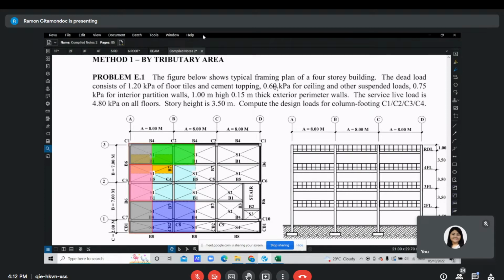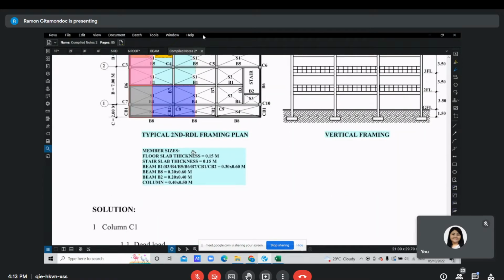So you just multiply this value of 0.6 kPa by the area which is affected. Now for the perimeter walls, of course, ang perimeter wall, pag-compute na to na, ano, so you have the cross-sectional dimension, 0.15 times 1, then multiply that by the length of the wall, then multiplied by the unit weight of masonry, no, which is usually taken to be 21.2 kilonewton per cubic meters.